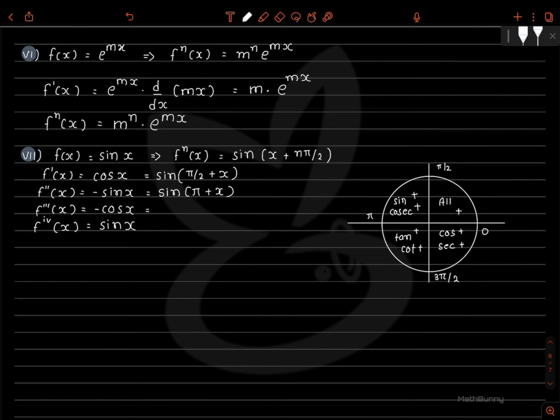This minus cos x is nothing but sin (3 pi by 2 plus x), and this sin x is nothing but sin (2 pi plus x). So now we can see the pattern here. The nth derivative of this function would be sin (n pi by 2 plus x).